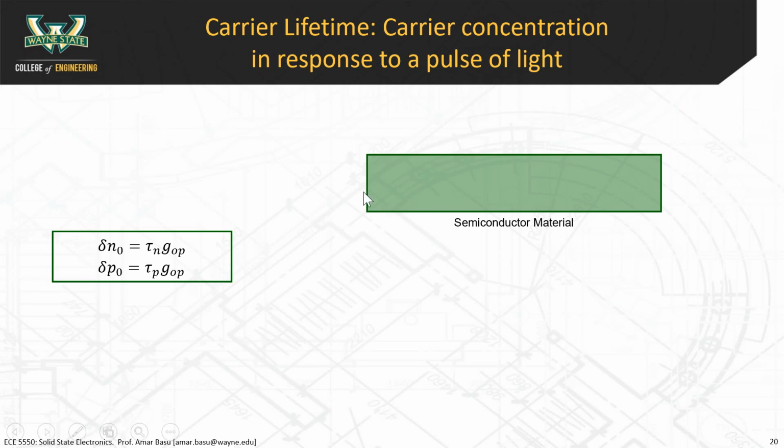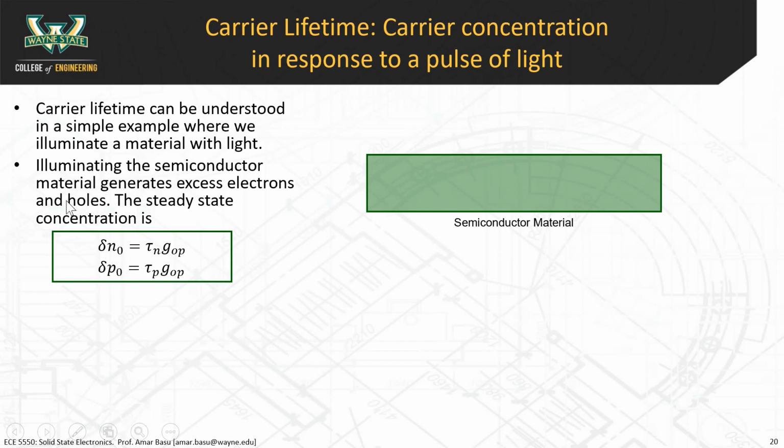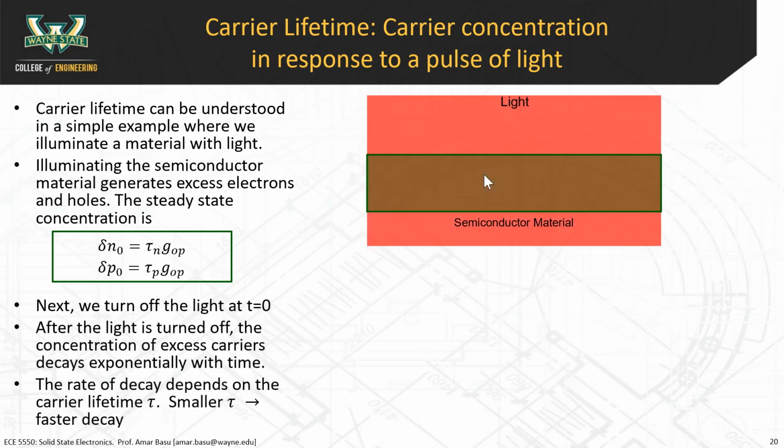The first thing that happens is that you illuminate the semiconductor material with light, and you're going to generate electron-hole pairs everywhere. At that first stage, you're generating all these excess carriers.